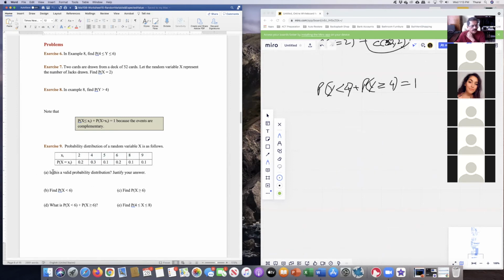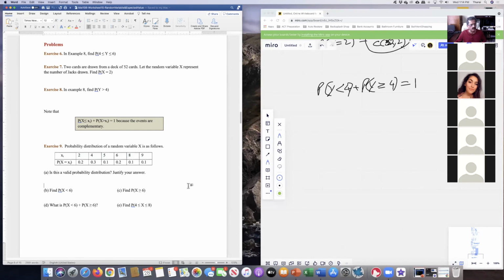First question: is this a valid probability distribution? What do I need to do to answer that question? Could you possibly add up all the probabilities of x to see if it equals 1? Right, exactly. You need to add up the probabilities and make sure they add up to 1. So let's go ahead and do that. 0.5, 0.6, 0.8, 0.9, 1.0.